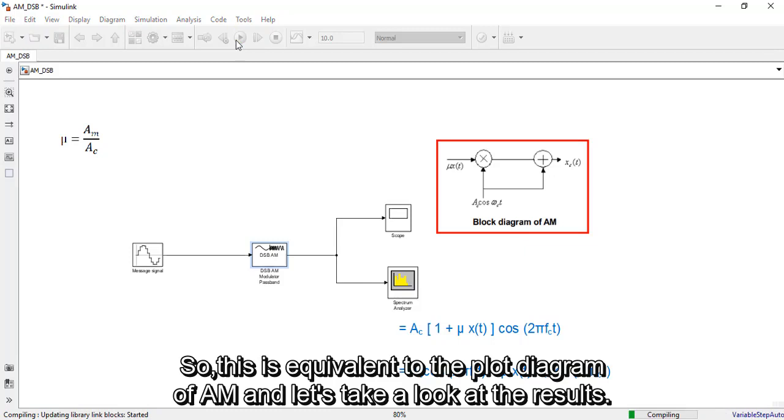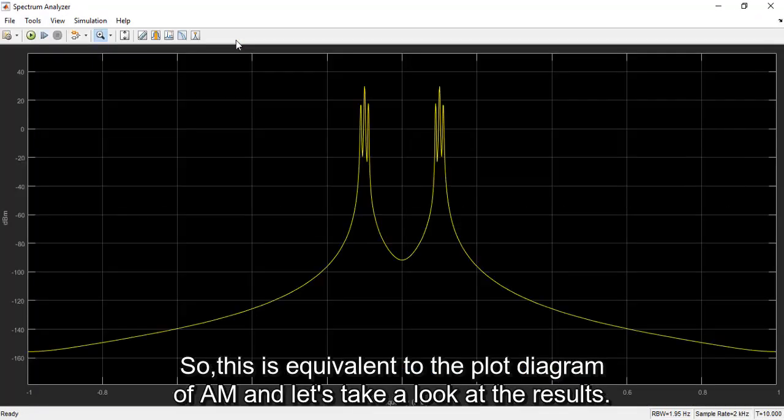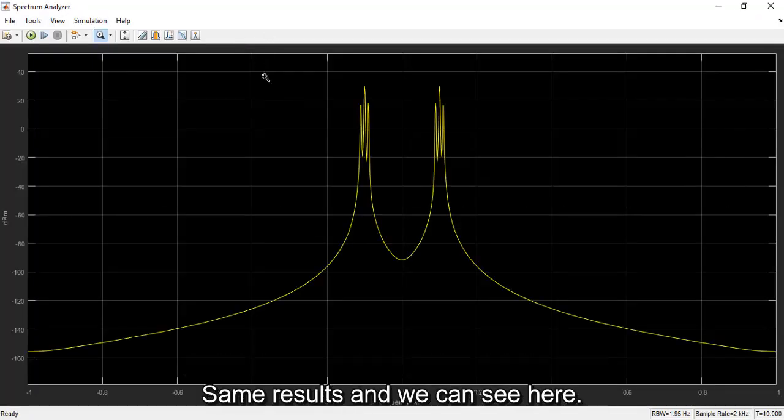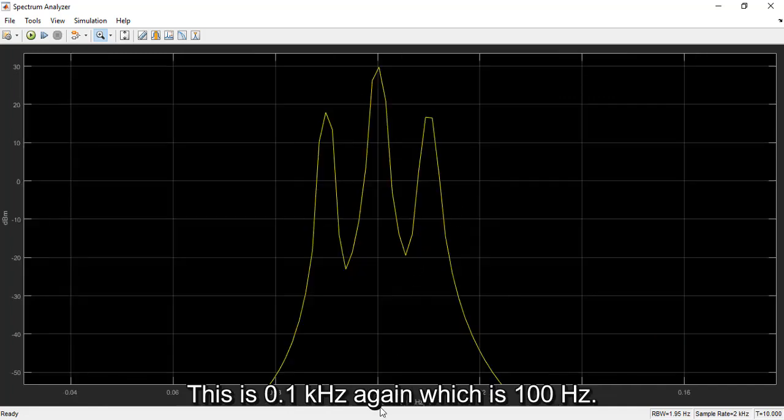Let's take a look at the results. Same results as we can see here. This is 0.1 kilohertz again, which is 100 hertz.